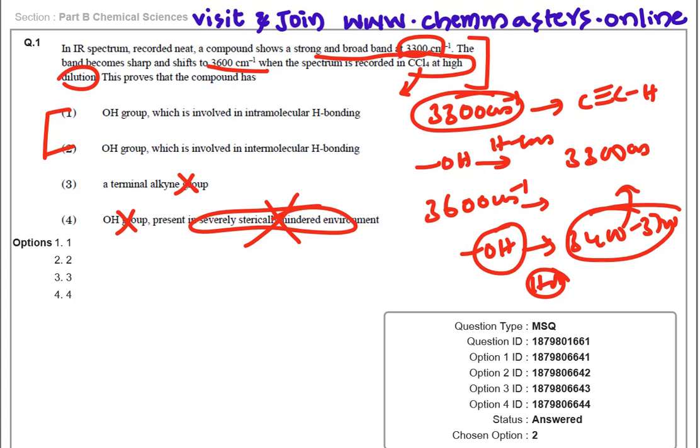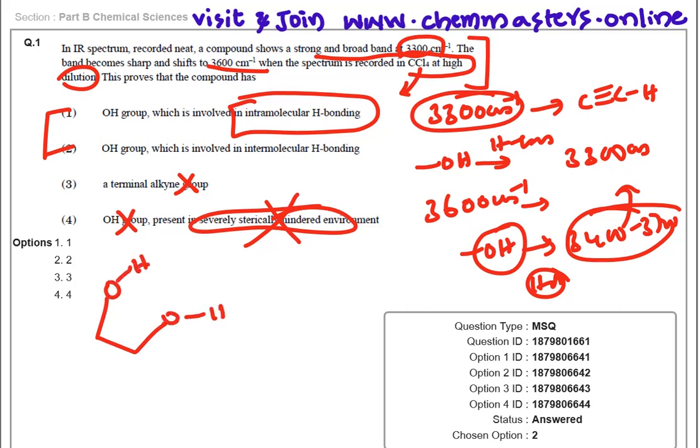Just look at the first one, OH group which is involved in intramolecular hydrogen bonding. Here, just take a compound with two OH functional groups. Here we can see hydrogen bonding, and we can call it intramolecular hydrogen bonding.